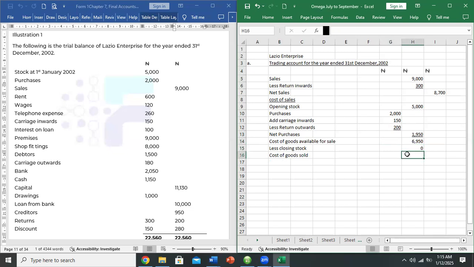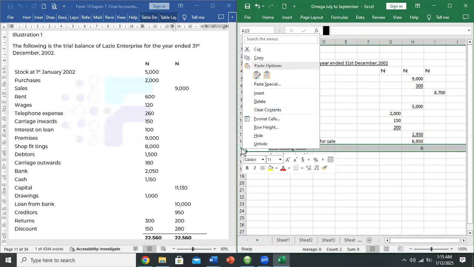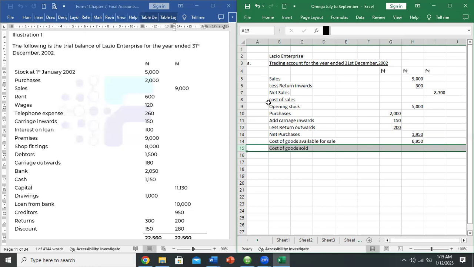Now because you don't have closing stock, you can do it this way. So you would skip this line because there's no closing stock. Like the way if there's no return outwards or return inwards, we don't show it there. If there's no closing stock, that will mean that whatever you get here will be your cost of goods sold. So indirectly, your cost of goods available will be equal to your cost of goods sold. But then you keep the line item there, just like that.